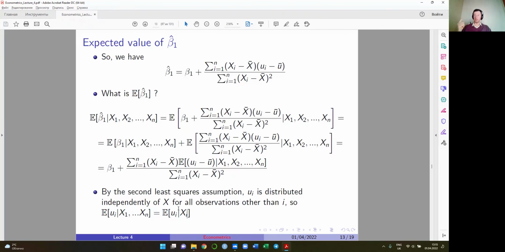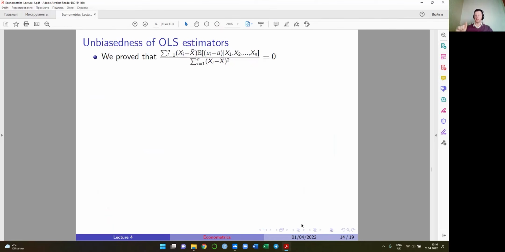So that's why conditional expectation is crucial. Because if assumption 1 holds, we can prove that the expectation of beta 1 hat is beta 1. First of all, by the first least squares assumption, this conditional expectation is 0. And if this holds, then we can prove that the expectation of beta 1 hat is beta 1.